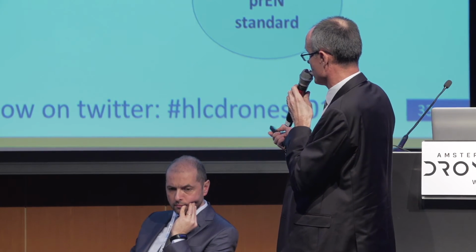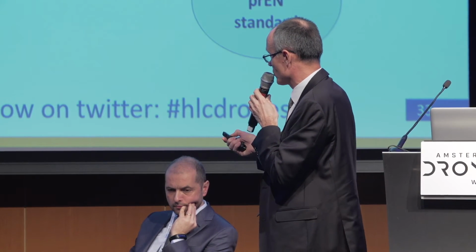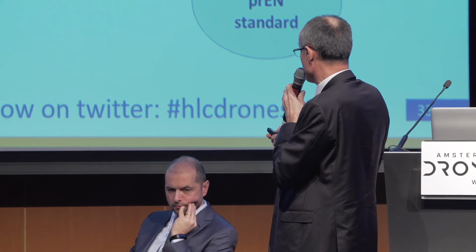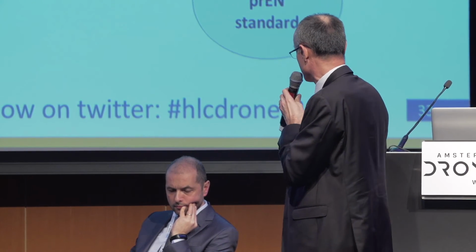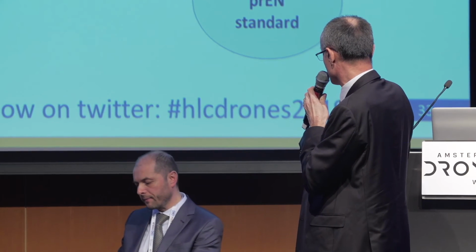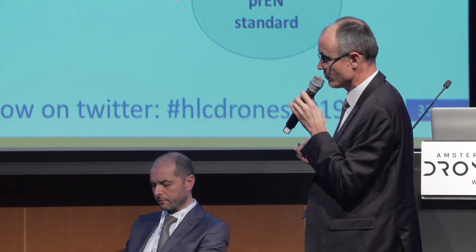So here is, let's say, the normal time frame for the production of the prEN, which is at the end of the full process. I will go fast on this; you can ask questions afterwards. The purpose is to publish the prEN in more or less 6 months if it's regular.